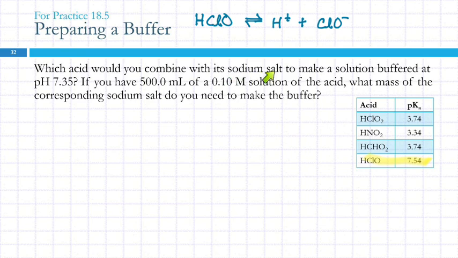So a salt is an ionic compound. The sodium salt of an acid is where you take the hydrogens and replace them with sodium. So this is hypochlorite, and so we're going to use NaClO because you can't just add ClO minus. It's got to come with something to be neutral. Okay?